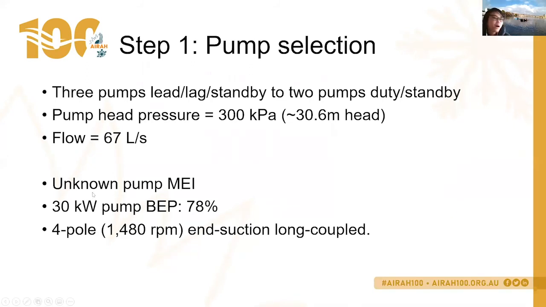Now for this new pump that we've selected, we don't know what the pump MEI is for whatever reason, but we do know that my pump best efficiency point is 78%. And we selected a 4-pole, about 1500 RPM, end suction long coupled pump.